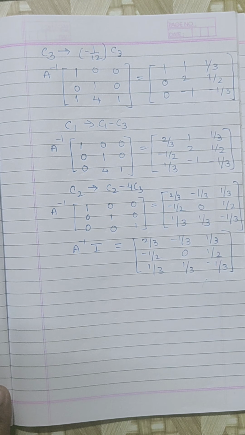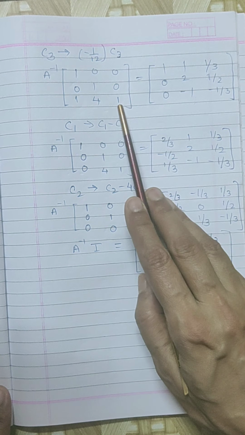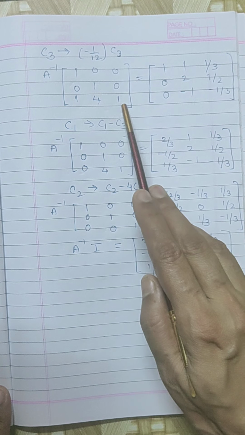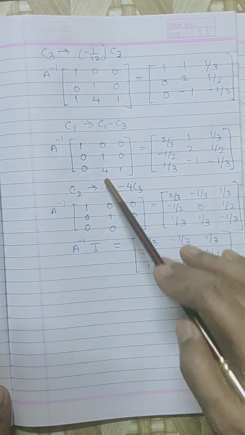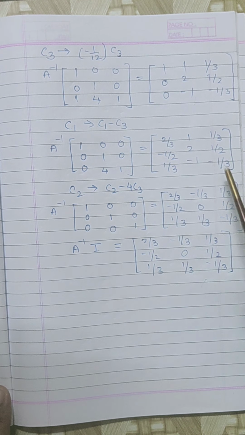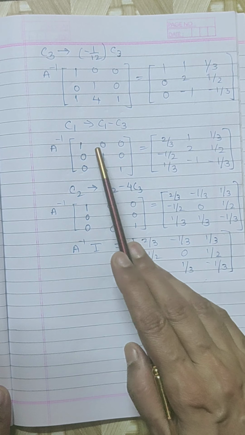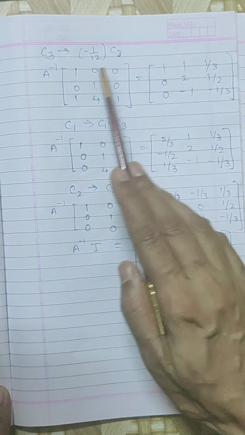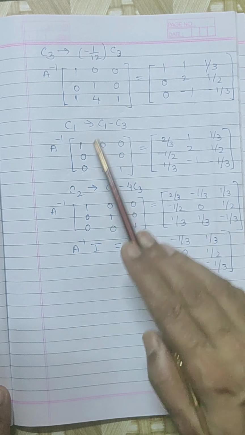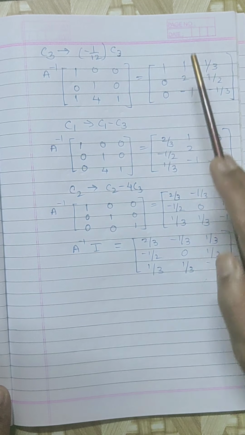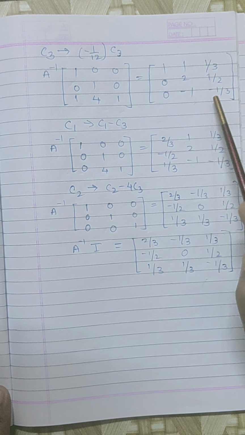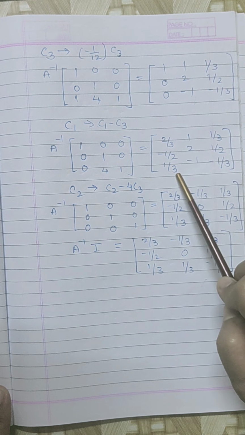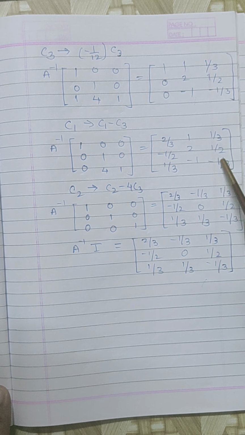So do C1 minus C3, so 1 minus 1 is 0. The remaining two columns are written as they are, and do C1 minus C3. 1 minus 0 is 1, 0 minus 0 is 0, and 1 minus 1 is 0. Here also 1 minus 1 upon 3 is 2 upon 3, 0 minus half is minus half, and 0 minus 1 upon 3 is minus 1 upon 3, and these two columns as they are.